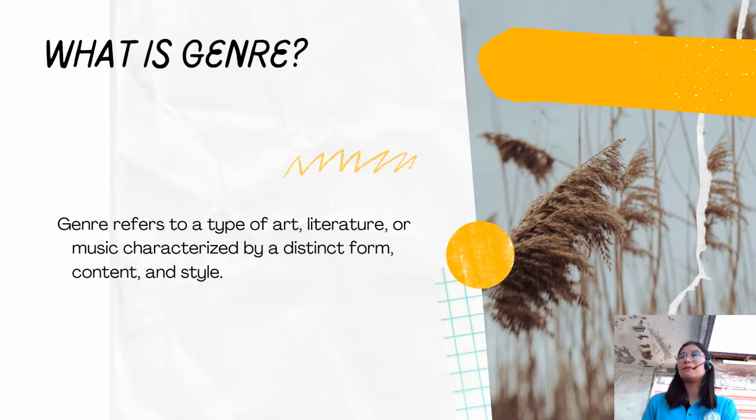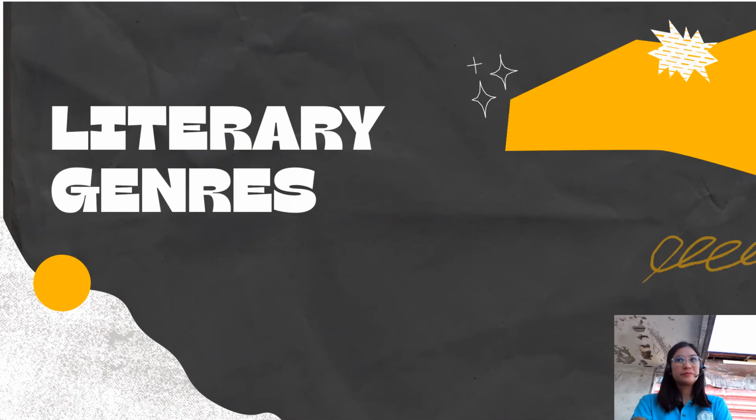So for example, fiction, non-fiction, poetry, and drama. Those are literary genres. So yung mga binabasa natin, yung mga pinapanood natin everyday. So kung ano-ano yung mga binabasa natin. Alright. So literary genres. Ano-ano nga ba yung apat na literary genres?